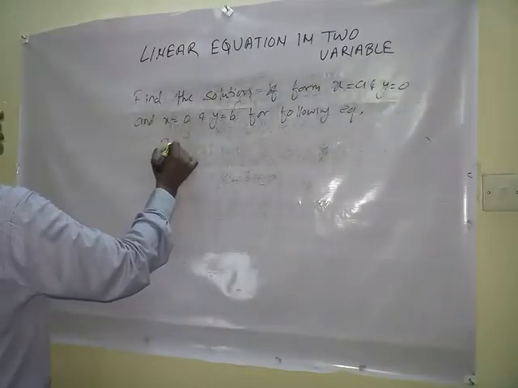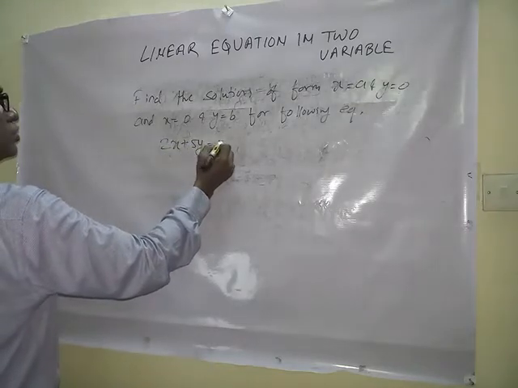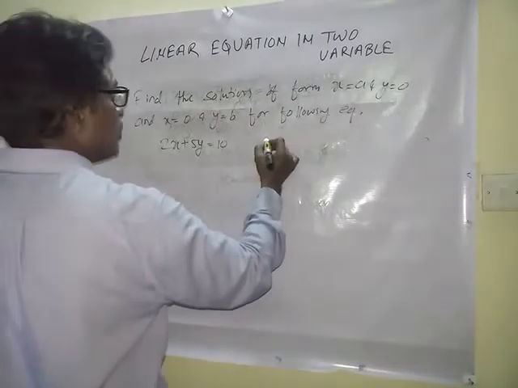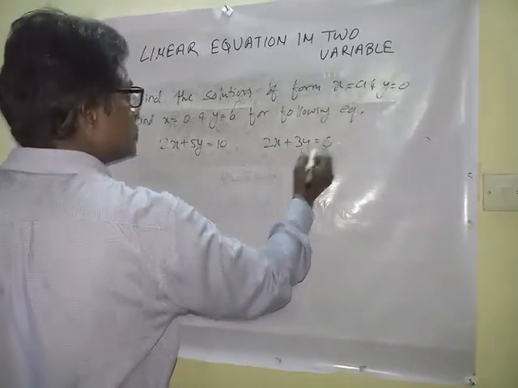Okay, the equation is 2x plus 5y is equal to 10. This is one linear equation in two variables. 2x plus 3y is equal to 6.